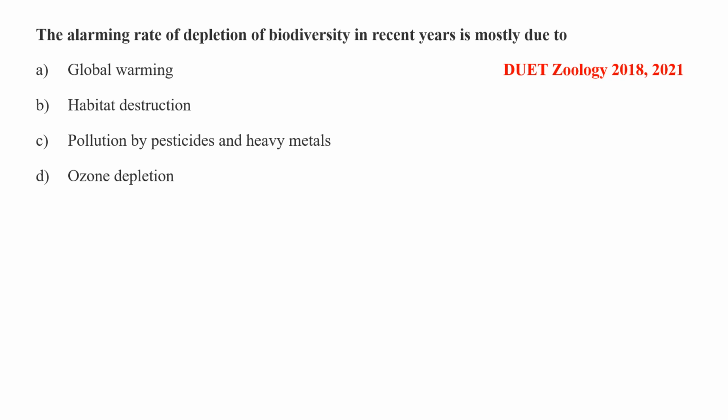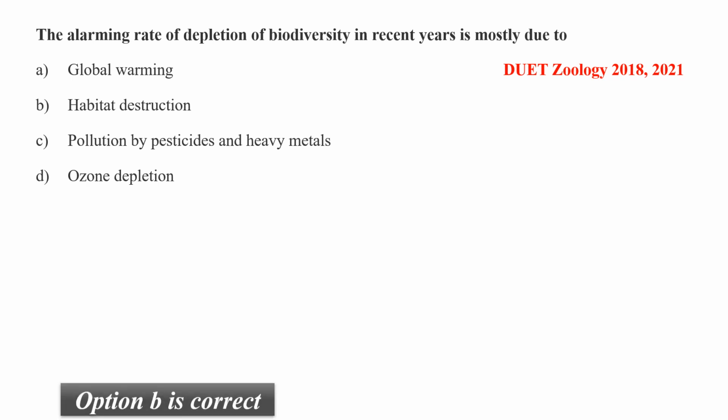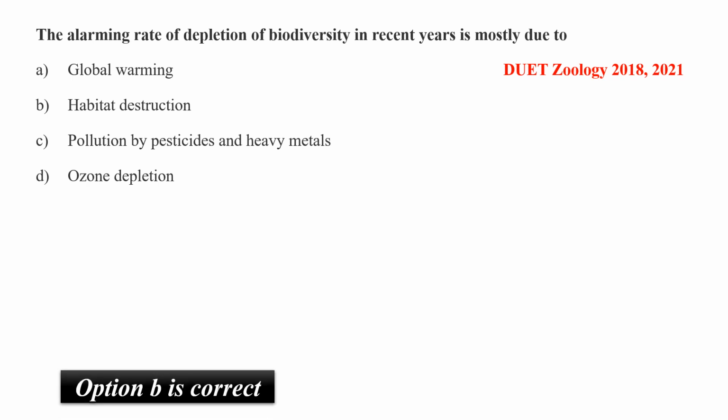Interestingly, once on this earth, 14% of the earth's surface was covered by the tropical rainforest. And because of the heavy habitat destruction, now we are left with only 6% of such tropical rainforest. So hence, in this case, habitat destruction is causing the alarming rate of depletion of biodiversity.